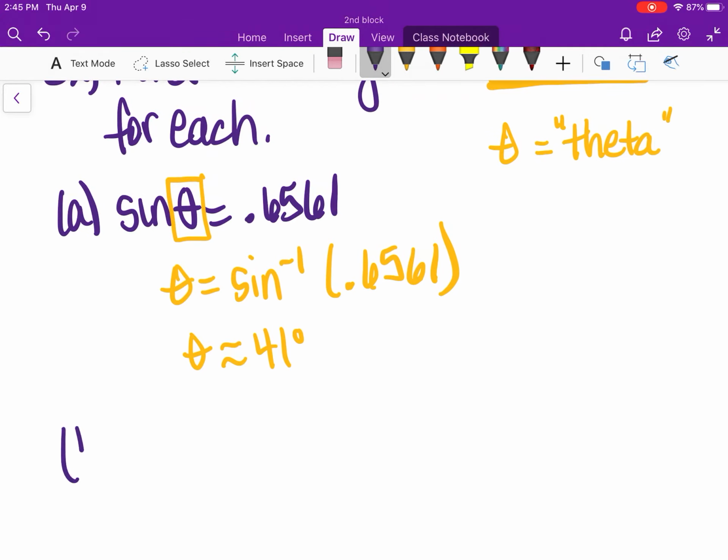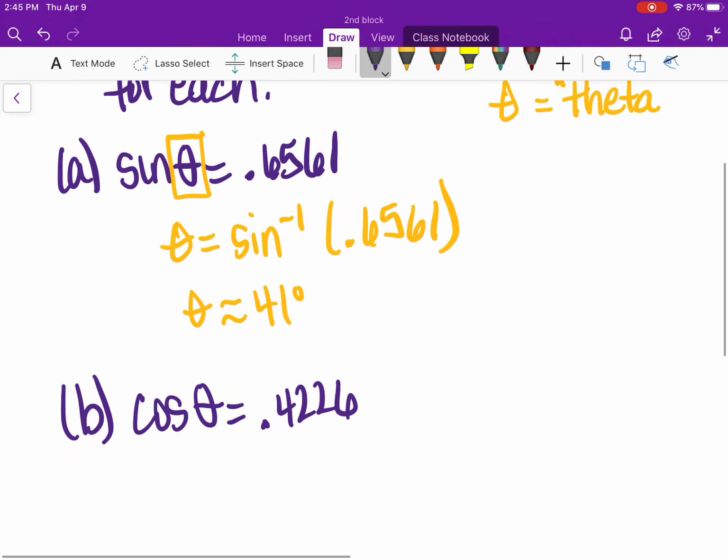Okay, I'm going to have you all try this one. If you want to pause the video for a second, write down cosine theta is equal to 0.4226. Then we can compare answers in just a minute.